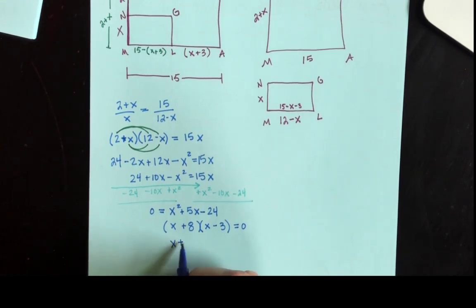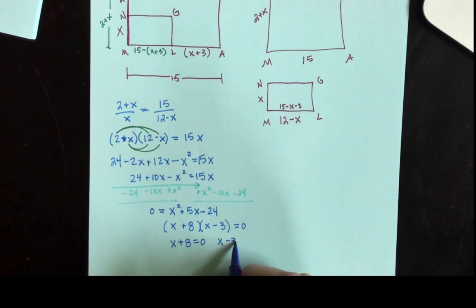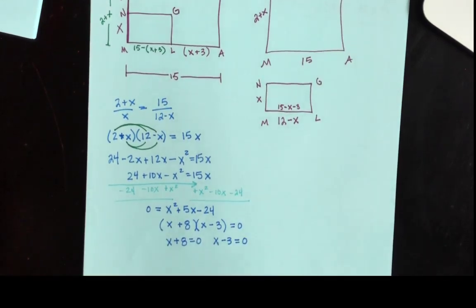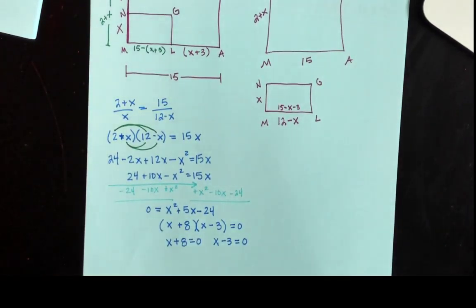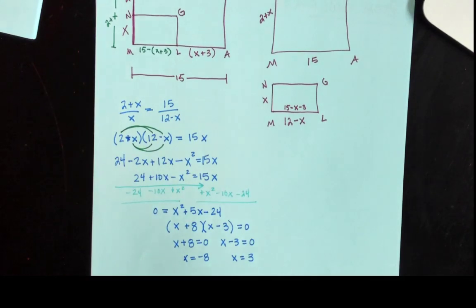So when we take each of our factors, this is called the zero product property. Notice the multiplication means product. When we set each equal to 0, we end up with x equals negative 8 and x equals 3.